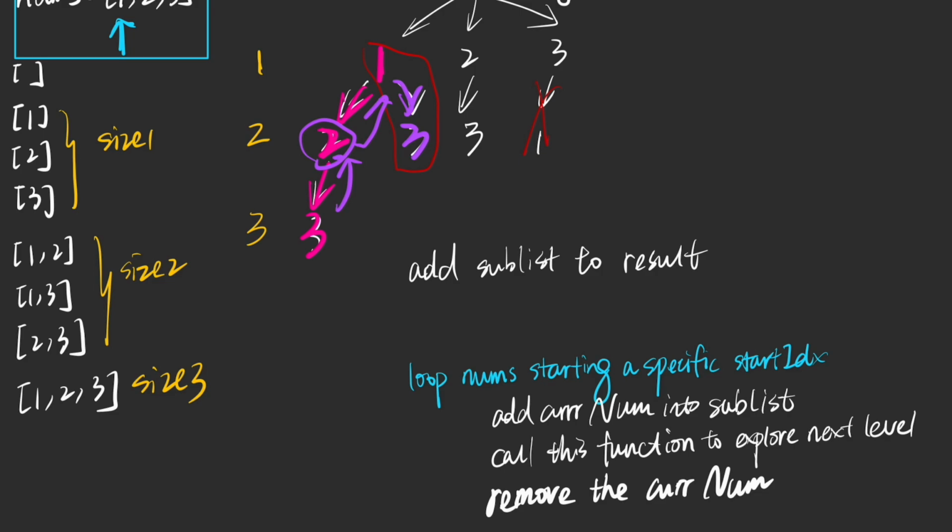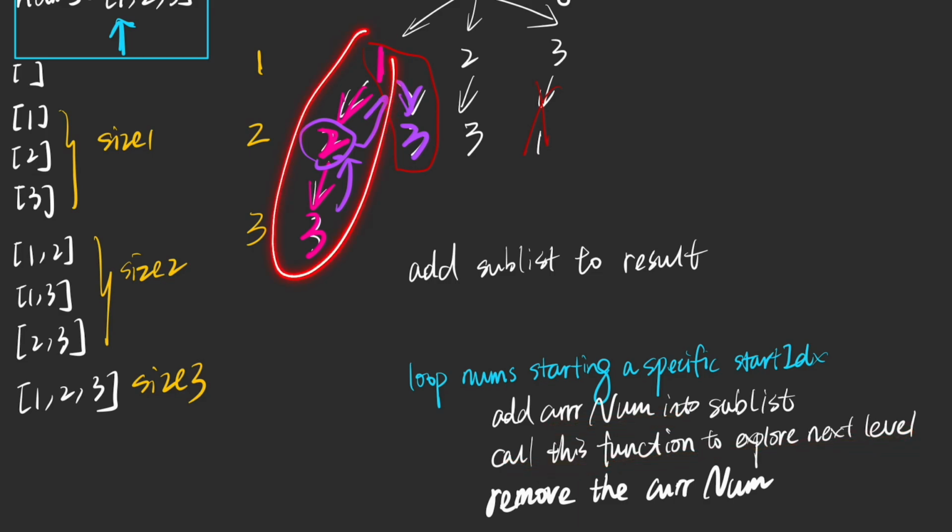Then we traverse another level: at number 2 here, we can also add the number 2. When we call this function, we also add the sublist, like 1 and 2, to the result, and then we start another index to add the number 3 here, and call the function.